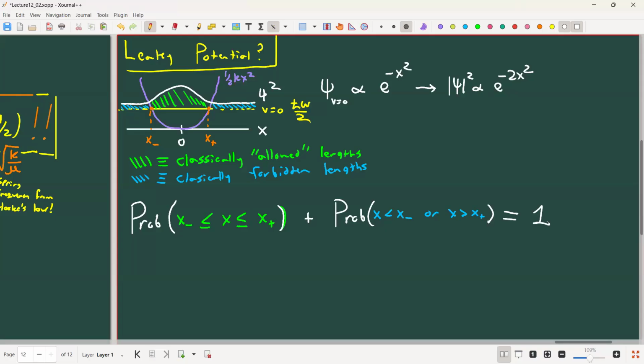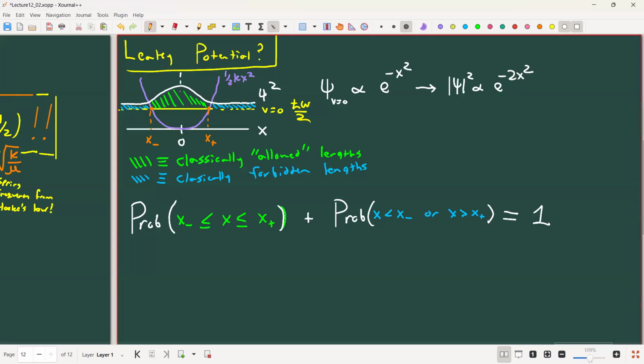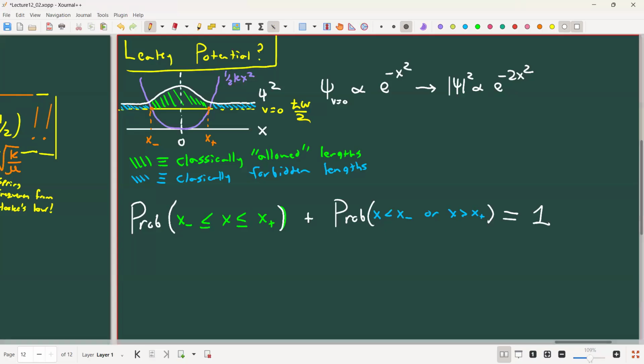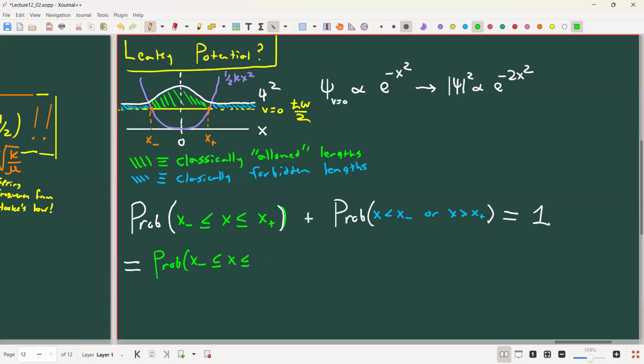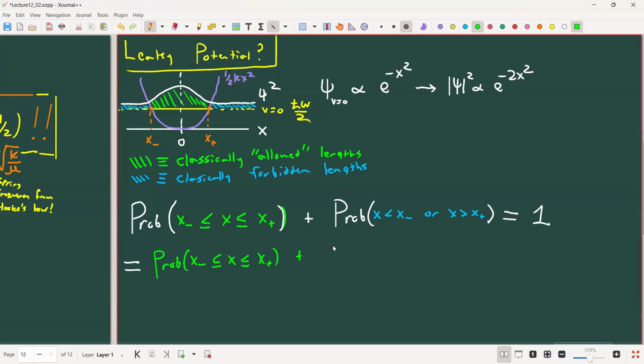I can break this down and simplify this a bit more by remembering that this function is even. So the left side and the right side are the same. So I could write this as the probability of x minus to x plus, plus 2 times the probability of x greater than x plus.